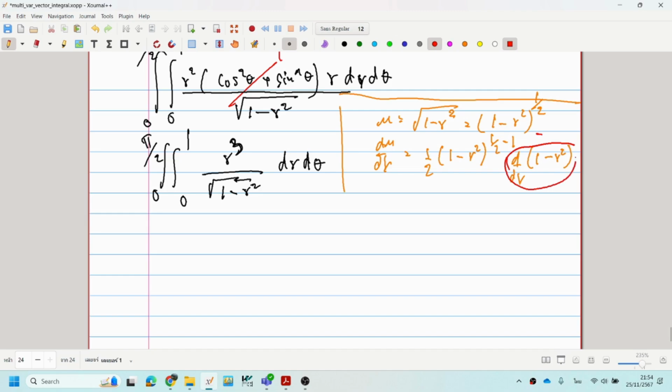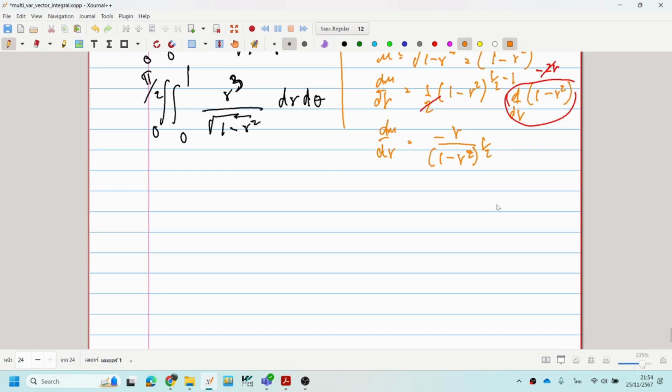This part is minus 2r. The 2 and 2 cancel together. So du by dr equals minus r times 1 minus r squared to the minus 1 over 2 power.